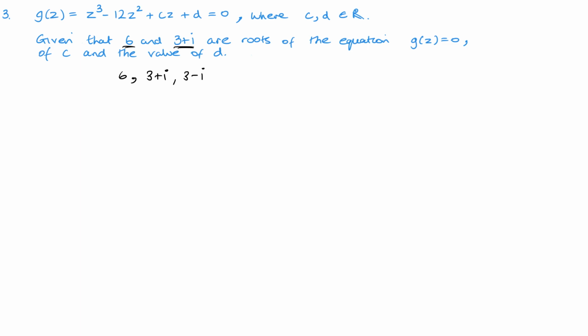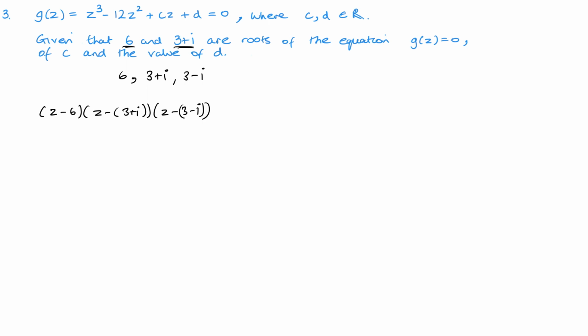And from here we can effectively do this in probably a couple of ways. You could go about setting up an equation, so something like (z minus 6)(z minus 3 plus i)(z minus 3 minus i), and expanding that, giving you a cubic which you can then compare.